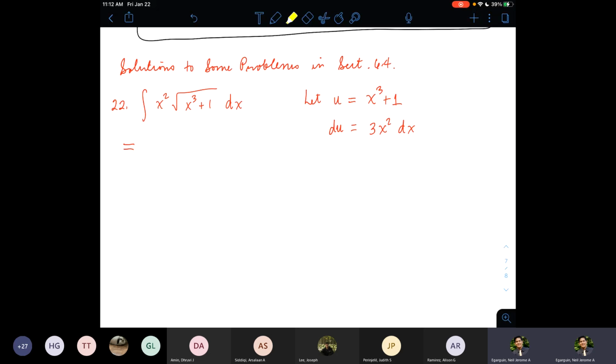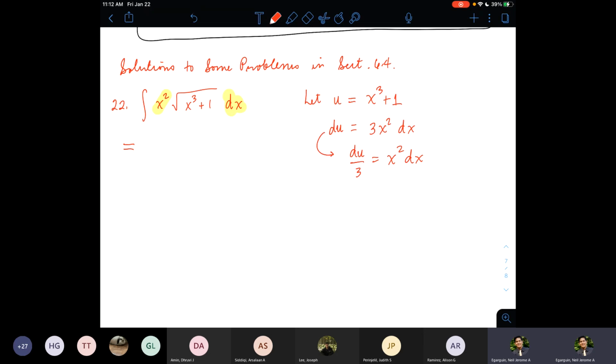Well, I need a 3x squared dx, but what do I have? I have an x squared dx in the integral already. I'm just missing the factor 3. But that won't be an issue because here you can divide both sides by 3 and see that x squared dx can be replaced directly by du over 3.